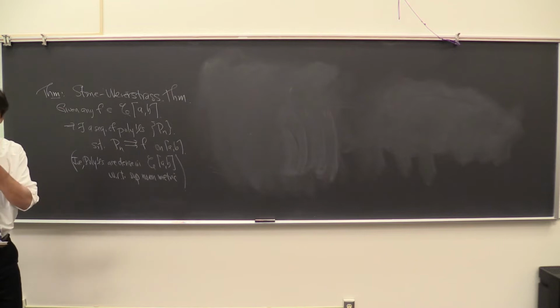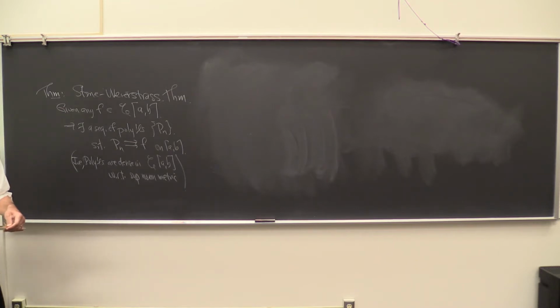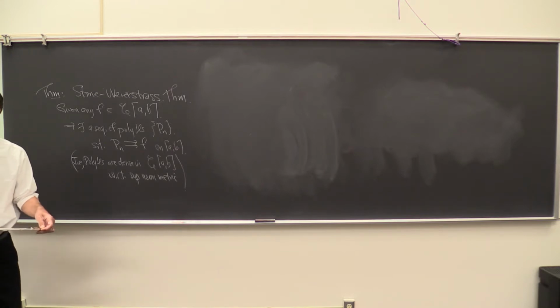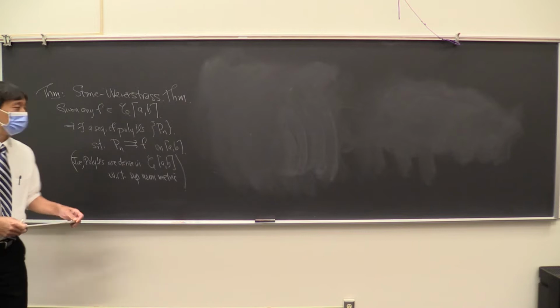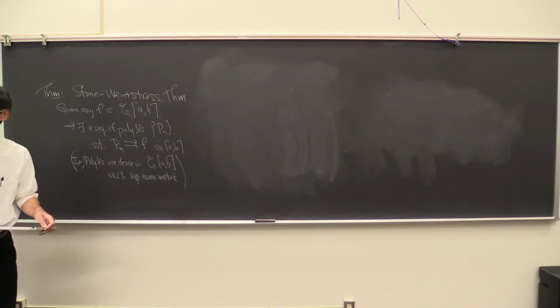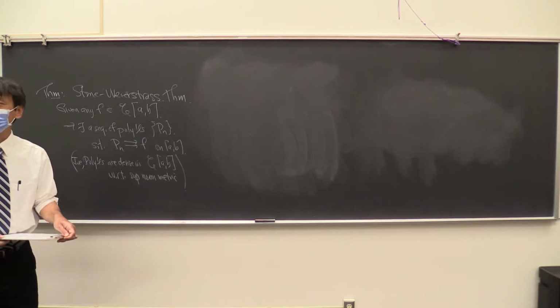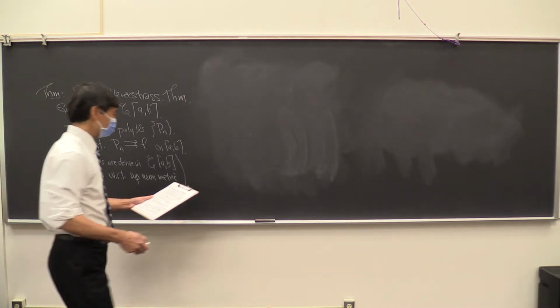Okay, and like I said last time, this is an important theorem, but I think what's more important for you as students is to see the technique involved. The proof will involve a technique called approximation of the identity, and that's something that is used in analysis quite a lot.